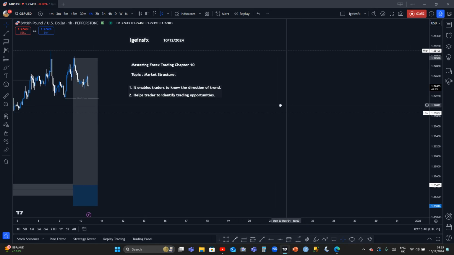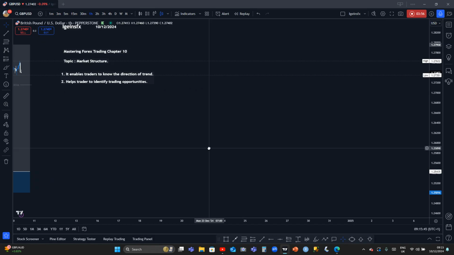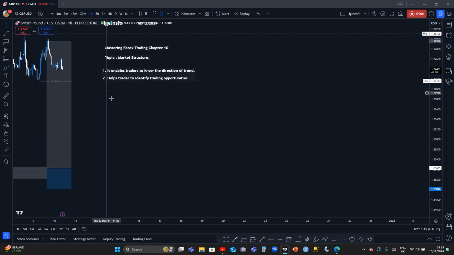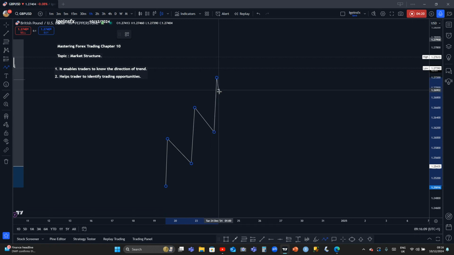All right, so let's go straight to more practical ways. This is the way you understand what market structure is all about. So you see when you are going up like this, there's a pullback, there's a break of structure, there's a pullback, there's a break of structure, there's a pullback, there's another break of structure.